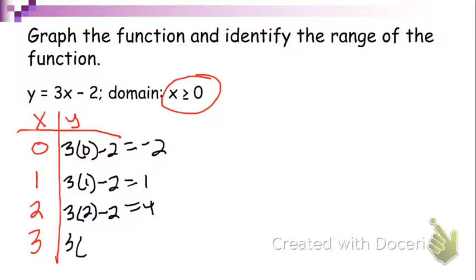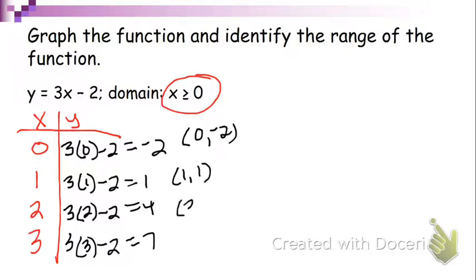And then the last one, 3 times 3 is 9, minus 2, 7. So I have the ordered pairs 0, -2, 1, 1, 2, 4, and 3, 7.